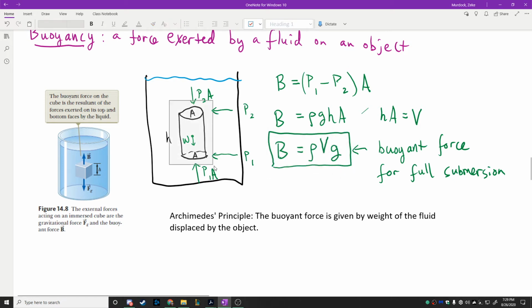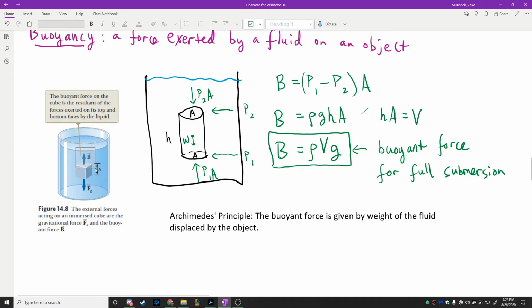Now, what the object actually does, in terms of whether it floats or sinks once it's fully submerged in the water, what's going to determine that? If the buoyant force is less than the weight, what's the object going to do?